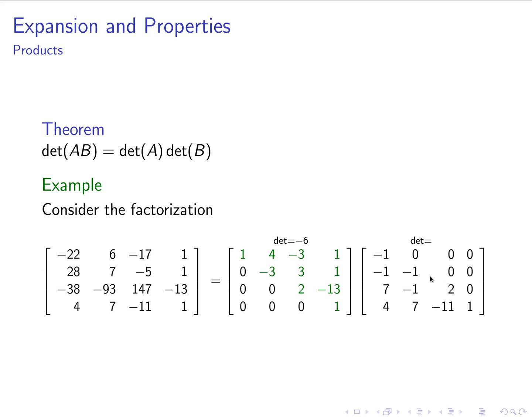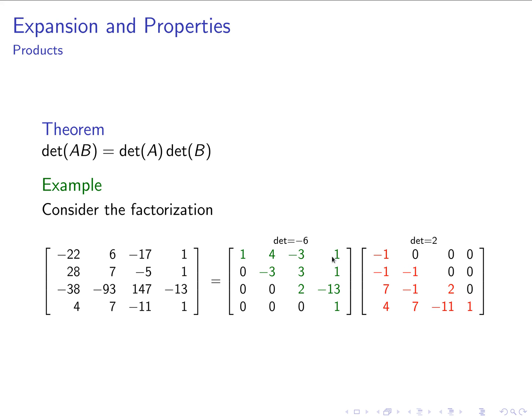Our determinant calculation for this matrix on the far right is equally simple. This is a lower triangular matrix, which means its determinant is the product of the diagonal entries. So here to calculate the determinant, we should multiply -1 times -1 times 2 times 1. Well, -1 times -1 is 1, 2 times 1 is 2, so we end up with the determinant equaling 2.